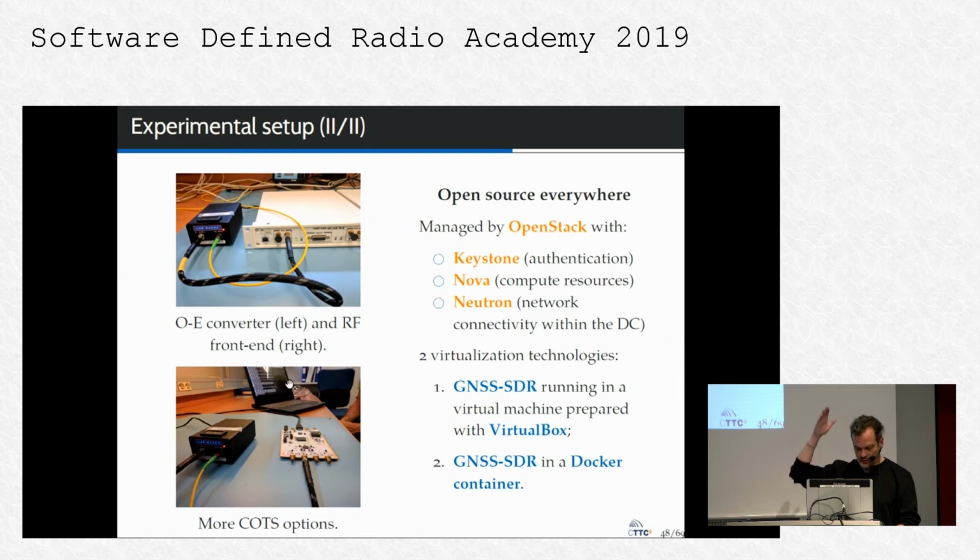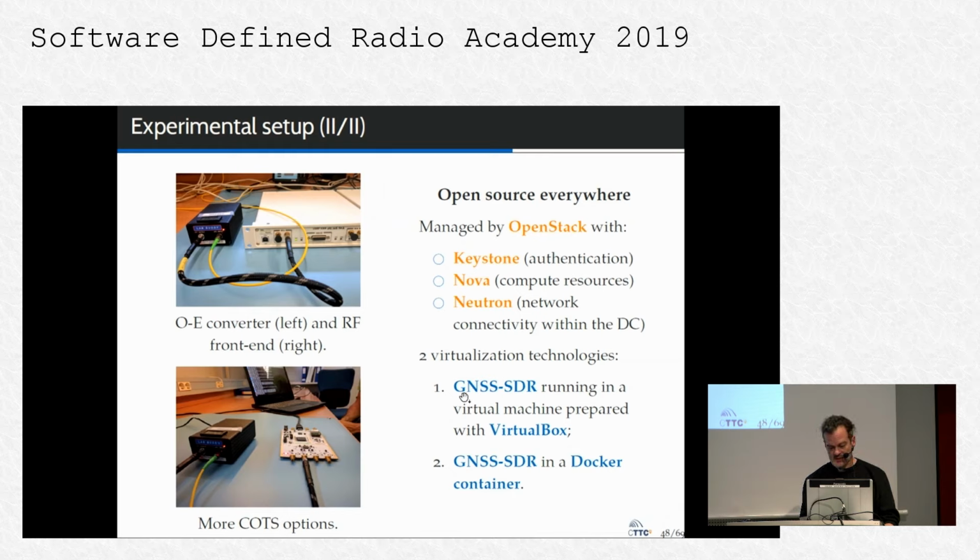We used open source for all these things. We manage all the optical network by software called OpenStack. And for the virtualization technologies, we tried GNSS-SDR on a VirtualBox, which is a virtual machine, and GNSS-SDR on a Docker container. We tried both, and both worked well.